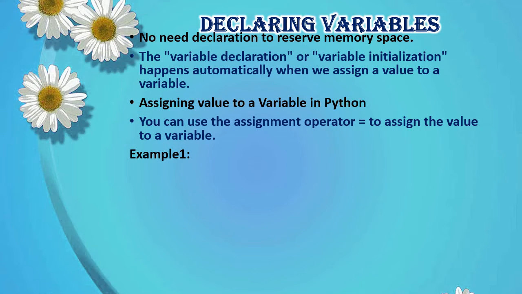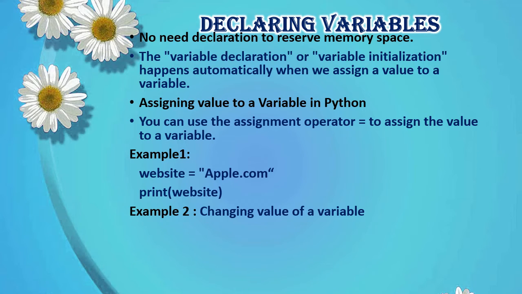So we can assign a value to a particular variable using the equals symbol, the assignment operator. In the first example, website equal to apple.com, and it's printed through the print function, print of website. So in this first example, apple.com will be printed.